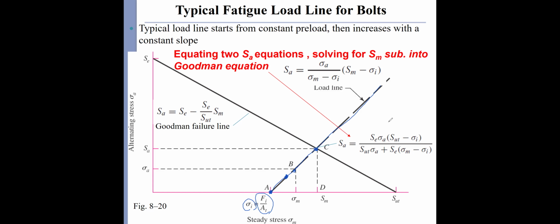We already know the Goodman fatigue criteria represents a linear line.